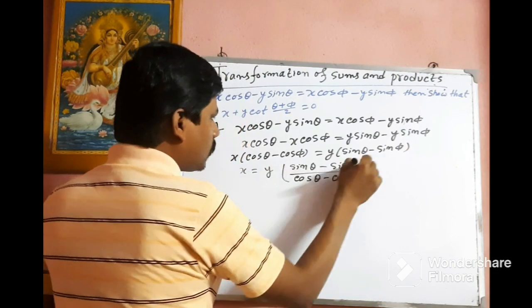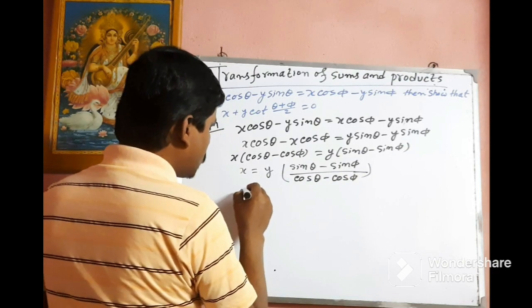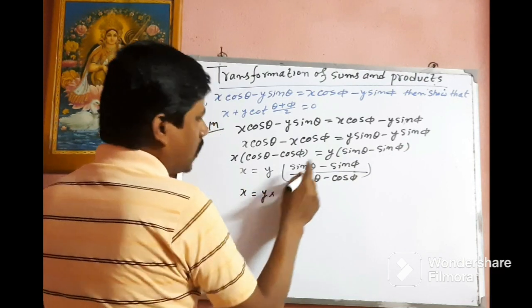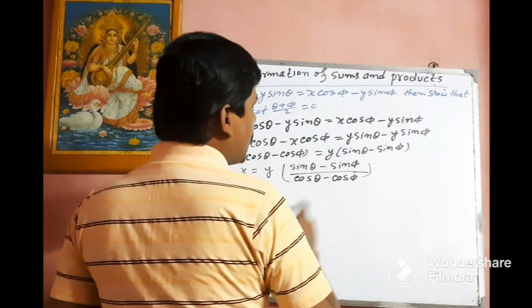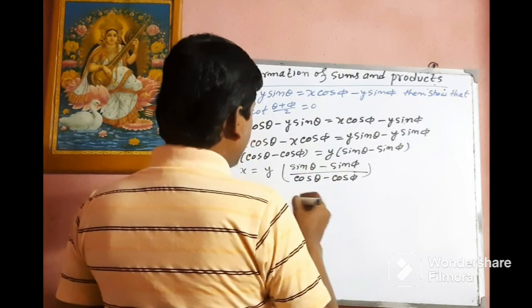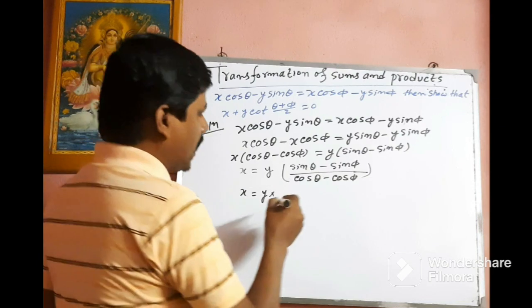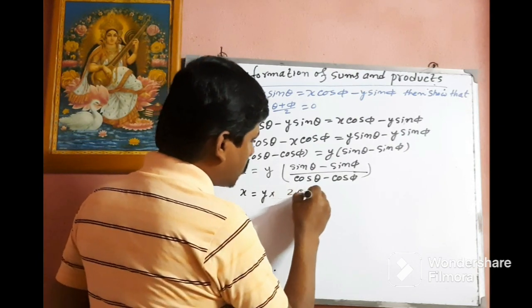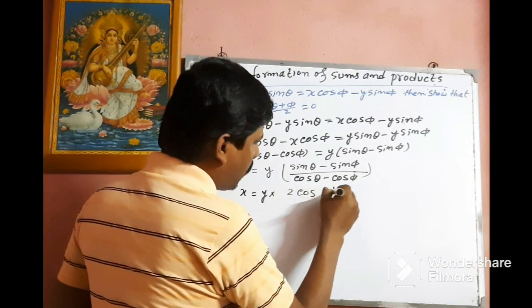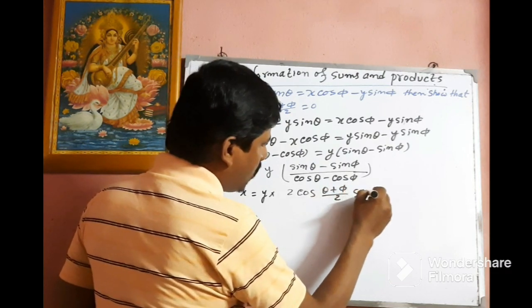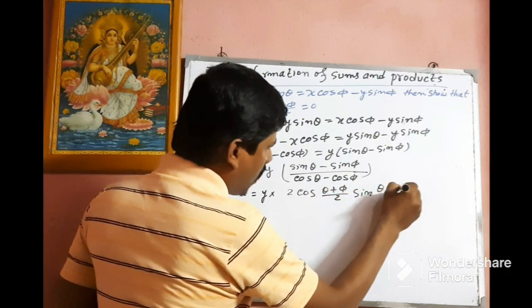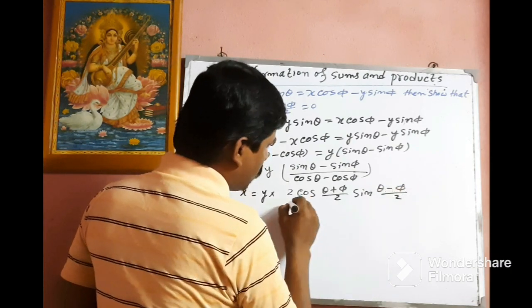Now if we use the sin c minus sin d formula here and the cos c minus cos d formula here, then we get 2 cos (theta plus phi) divided by 2 sin (theta minus phi) divided by 2.